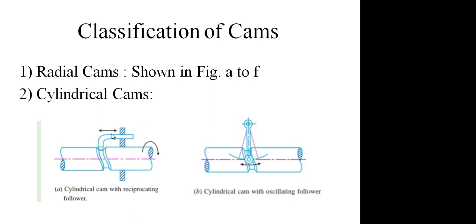This is a reciprocating follower, so it reciprocates in the direction parallel to the axis of cam. And here it is an oscillating follower, the direction of oscillation is also parallel to the axis of cam. Such cams in which the motion of the follower is parallel to the axis of cam are called cylindrical cams.